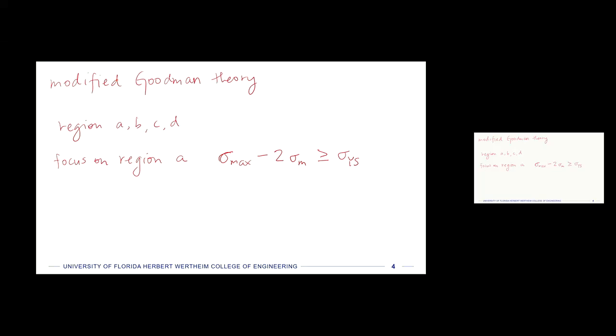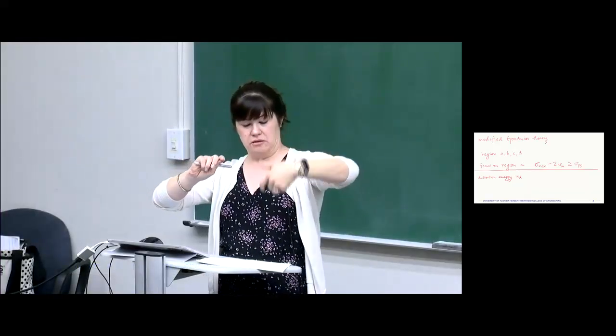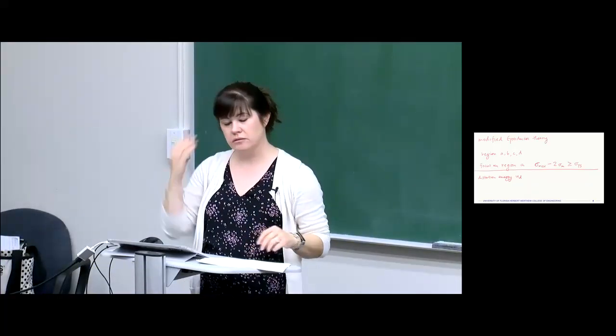Okay? So this is our failure theory, and then we had the metric we're going to use, which is the distortion energy. If we work from the distortion energy, UD, in our example problem we have a bar that's twisting, and then the load is released, and then it's twisted again, and the load is released, right?